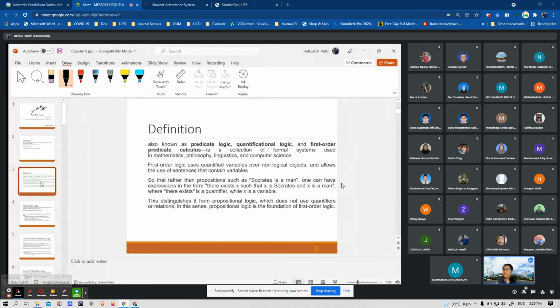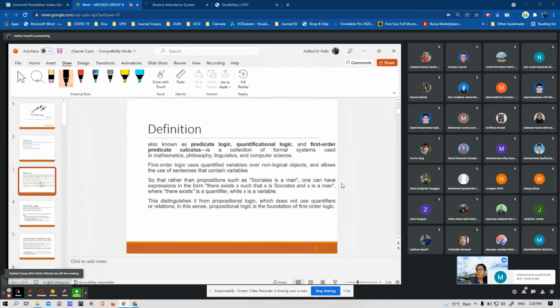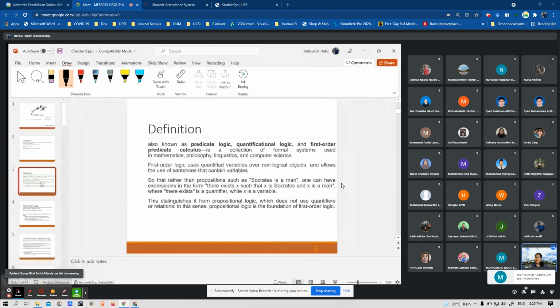Okay, by definition, also known as predicate logic, quantificational logic, and first order predicate logic, it is a collection of formal systems and being used in a lot of applications, especially in mathematics, philosophy, linguistics, and computer sciences. And then first order logic uses a quantified variable. You need to quantify a variable.